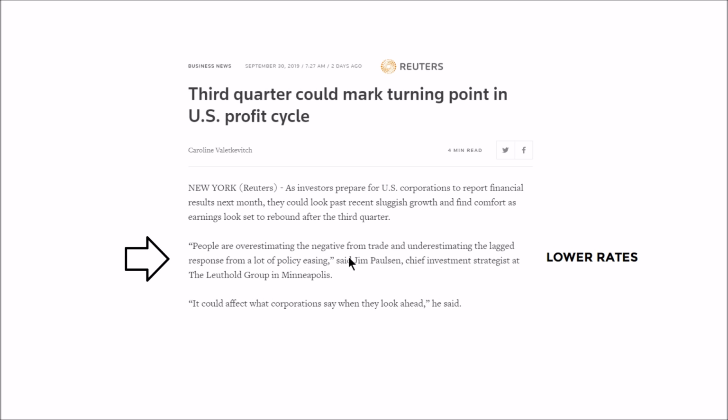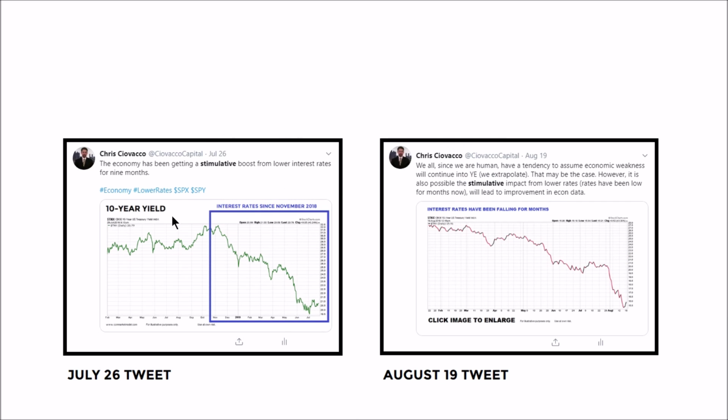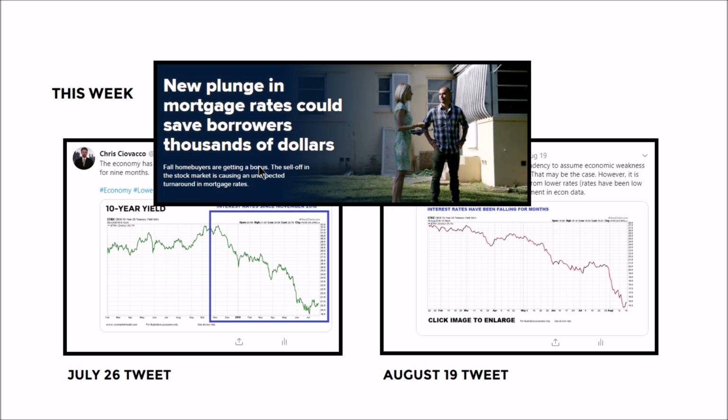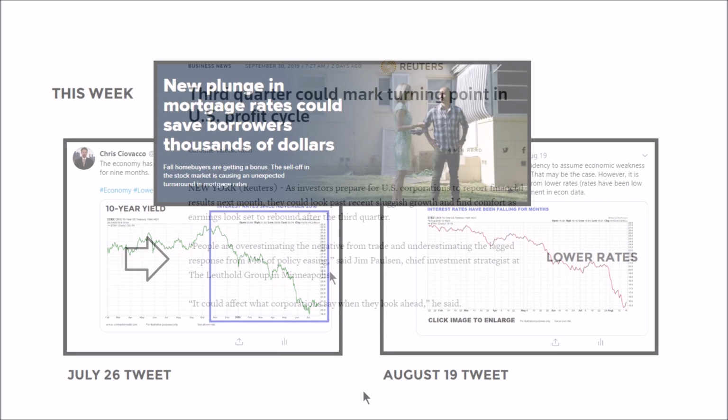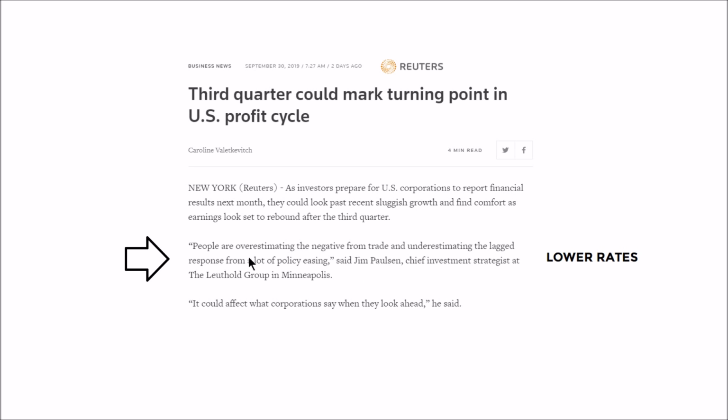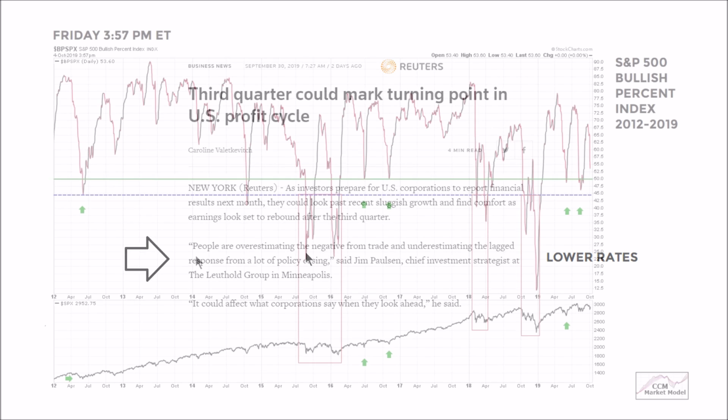Strategist in the article: people are overestimating the negative from trade and underestimating the lagged response from a lot of policy easing. That's basically the exact same concept that we covered on July 26th and again on July 19th. And we have seen several examples of this concept in recent economic data.